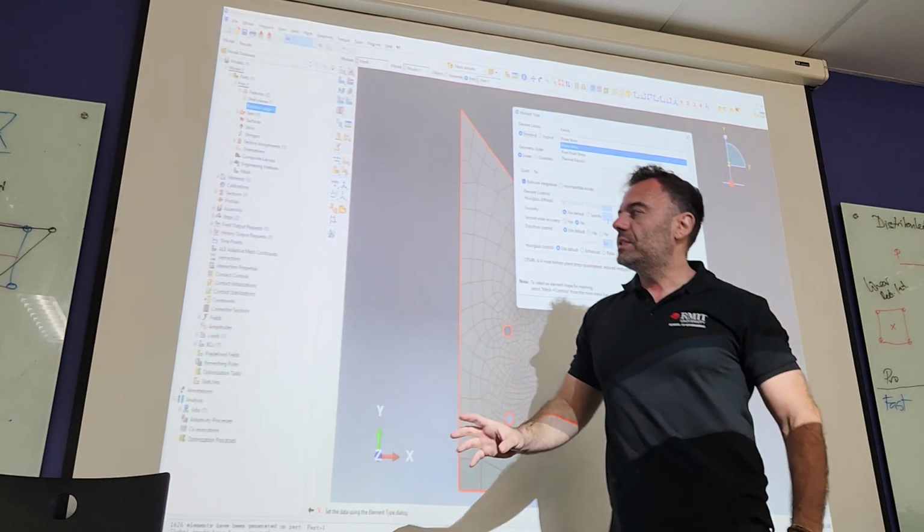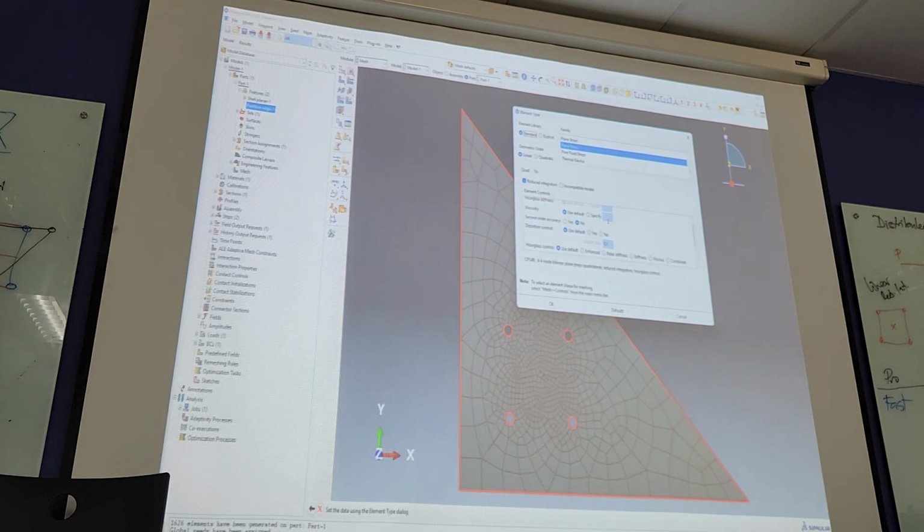So what happens in elements that deform like this? Elements have zero strain energy.